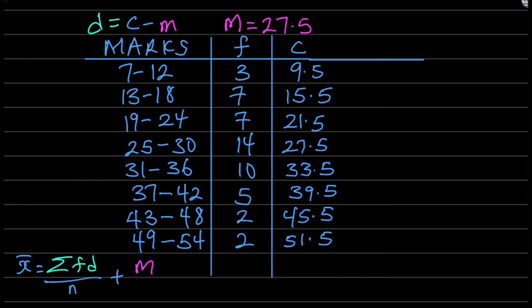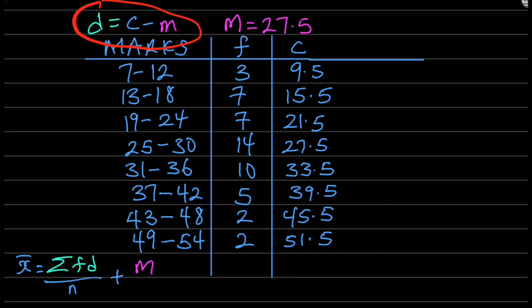Moving on, we've not still found D. The essence of C and M is to get D, which is the formula we have here. D is C minus M. So now we've found our C, and C's are different values, and then we've also chosen our M. M is just one value, so M here will be regarded as a constant, while C will be regarded as a variable because it changes from class to class.